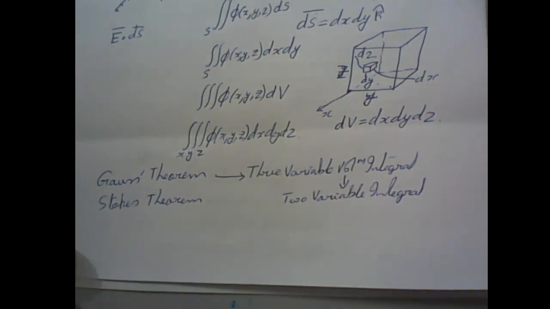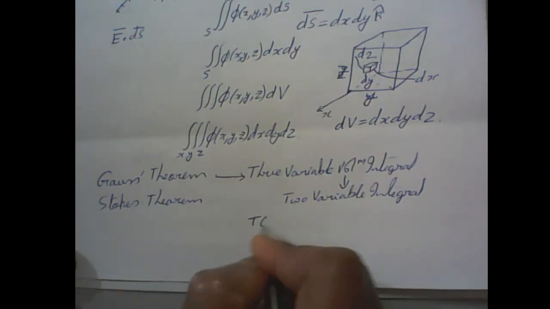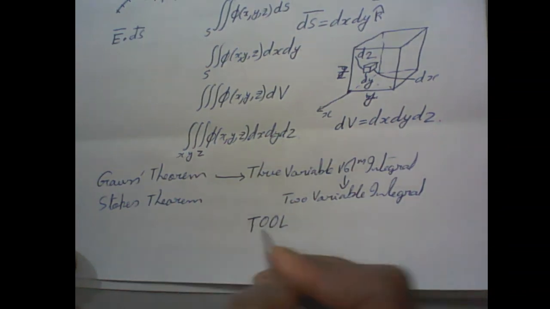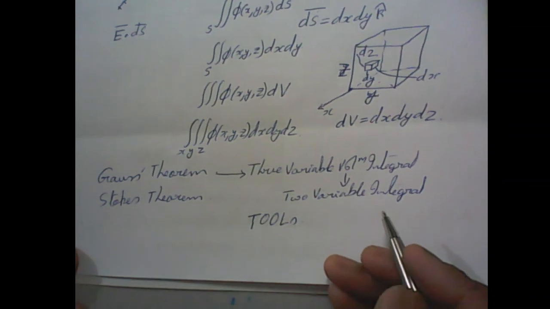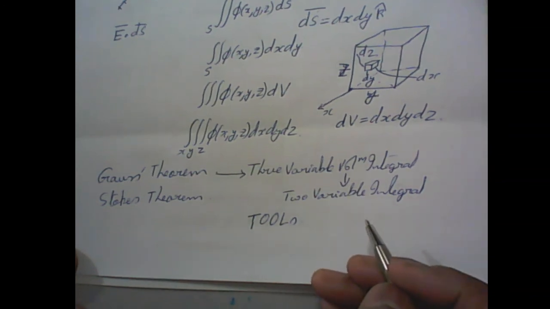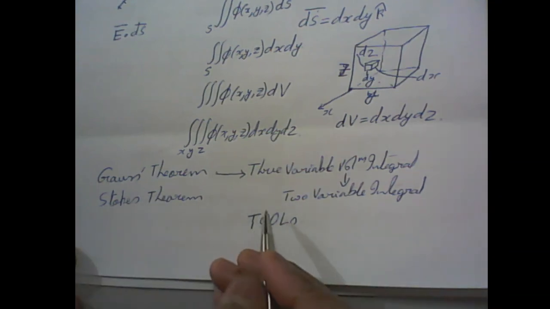Under certain conditions, Gauss's theorem gives us a tool. Both these theorems are nothing but tools. Why do we use a tool? We use a tool to make our work simpler. If I have to cut something, I will use a blade or a cutter instead of tearing with my hand or my teeth. It is always easier to use a tool. So these theorems are nothing but tools.